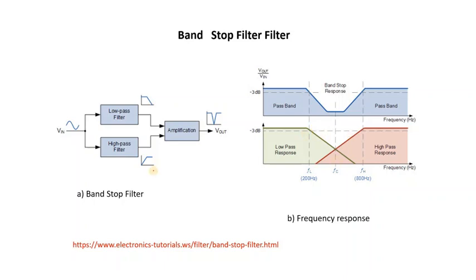Sometimes it is a requirement that a particular band of frequencies is stopped and others pass through. Maybe there is a spike in your voltage, so that particular spike is eliminated. The rest of the signal is allowed to pass as it is. So I hope you get a fair idea of the four kinds of filters: low pass, high pass, band pass and band stop filter.